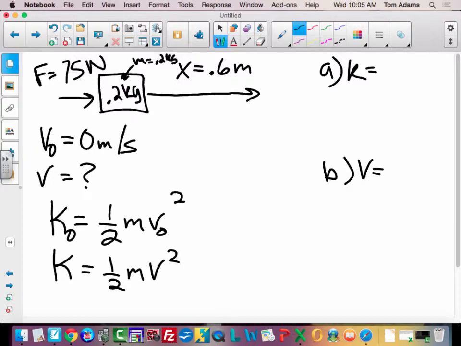So then we've got to backtrack. How can I find the velocity? What do we know? We know the force, and we know the displacement, and we know the initial velocity. Oh, hey, I do know this. The initial kinetic energy, if this thing's at rest, what's the initial kinetic energy? 0. Maybe we could use that. So we've got to think of a formula that relates kinetic energy.